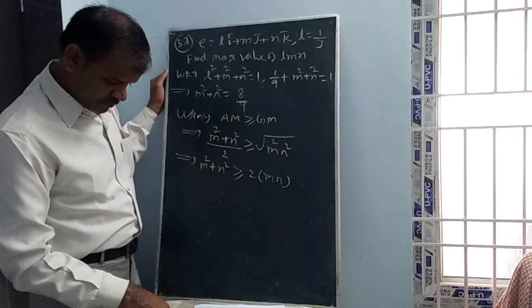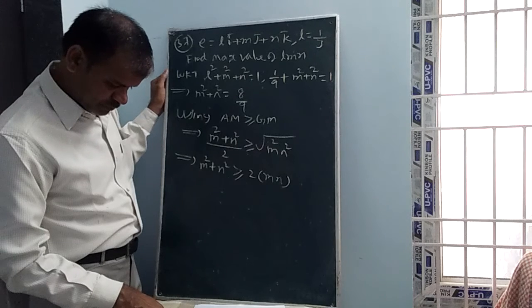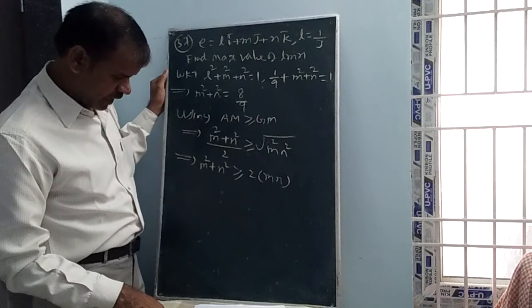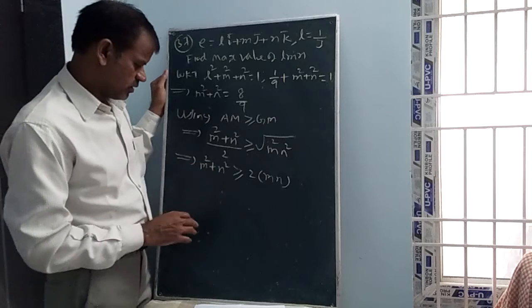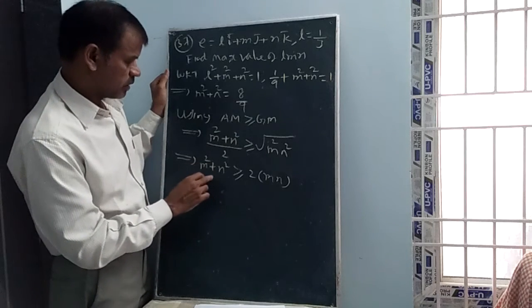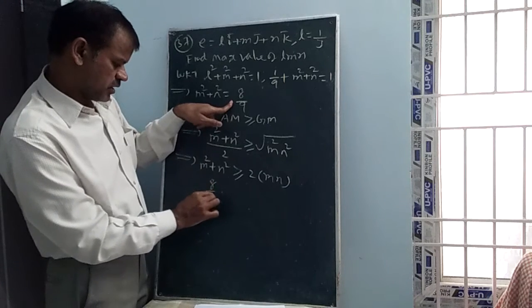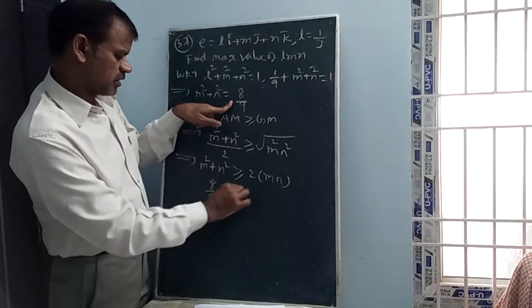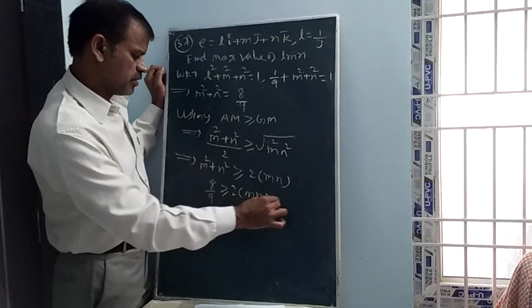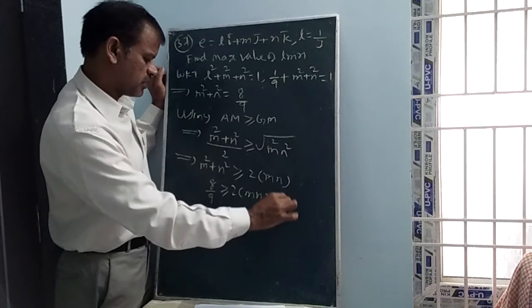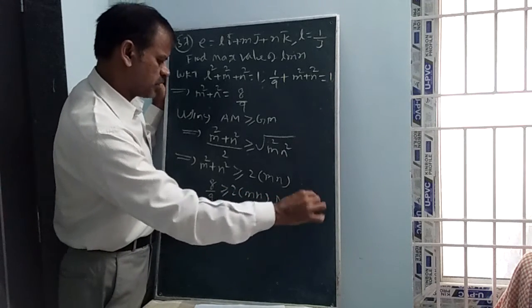Now he is asking, if L is equal to 1 by 3, the maximum value of Lmn. M square plus N square we already got as 8 by 9, so 8 by 9 is greater than or equal to 2Mn.